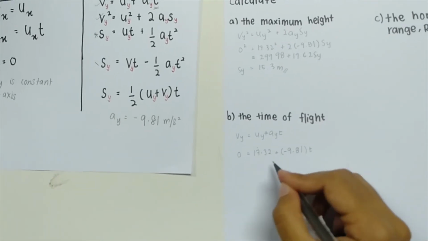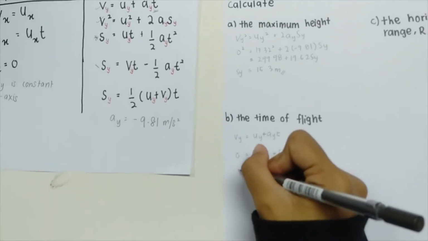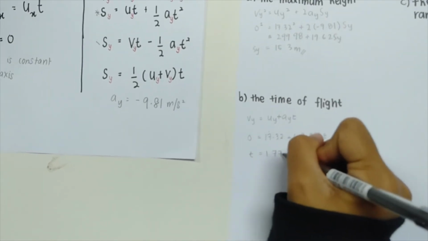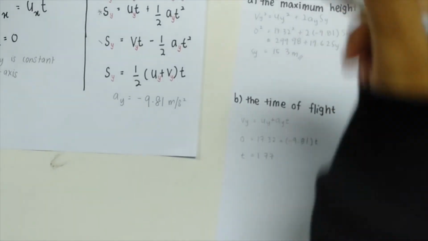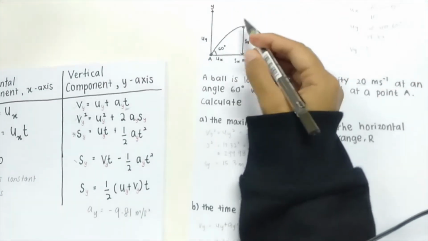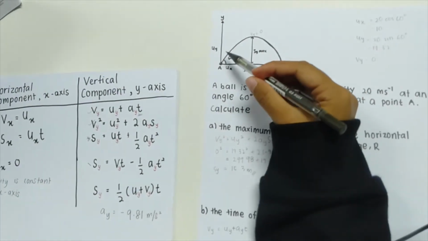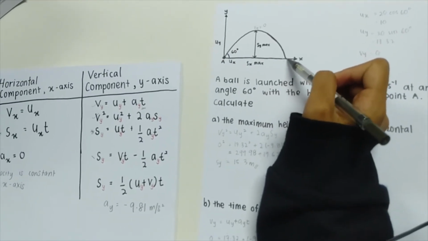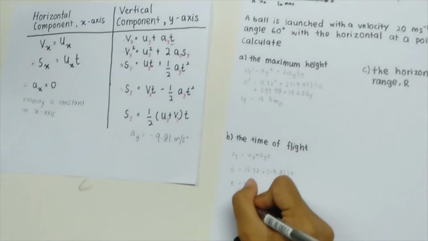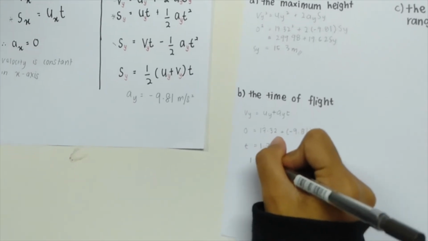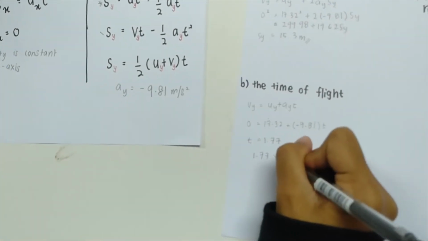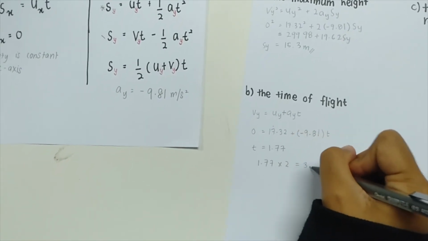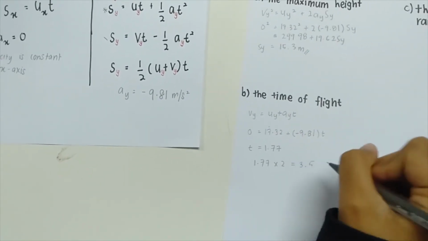Calculating all of this, we get t equals 1.77 seconds. This t is only from the starting point until the middle, so for the whole time taken by the ball to reach the end, you multiply it by 2. So the answer is 3.5 seconds.